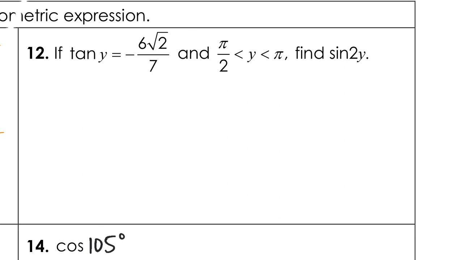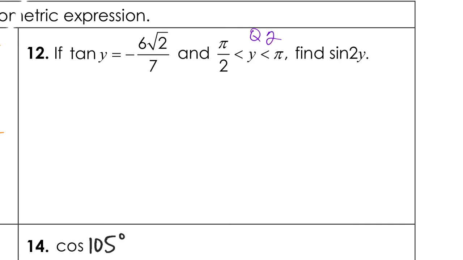Okay, next one. If tangent y is negative 6 square root of 2 over 7, and pi over 2 is less than y is less than pi, find sine of 2y. So again, the first thing I like to do is, according to this part, that's going to be quadrant 1. No, I'm sorry, quadrant 2.